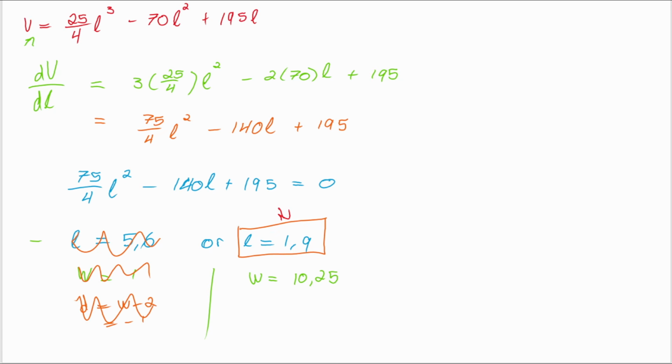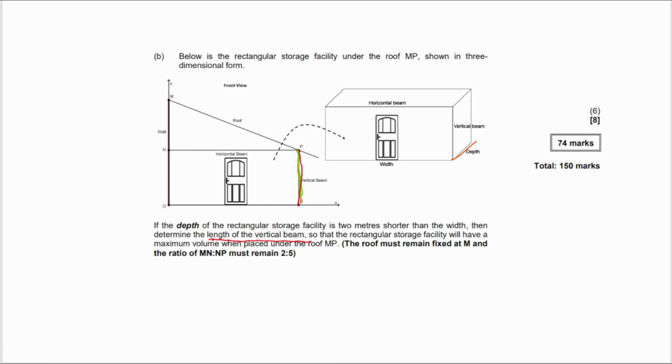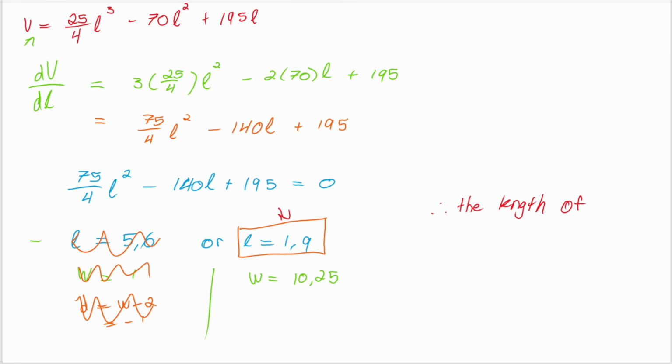So let's make a final statement: therefore, the length of the vertical beam for maximum volume is 1.9 meters. Always make sure you know what they are asking in the question, because if they're asking for the width, you would have to state this.